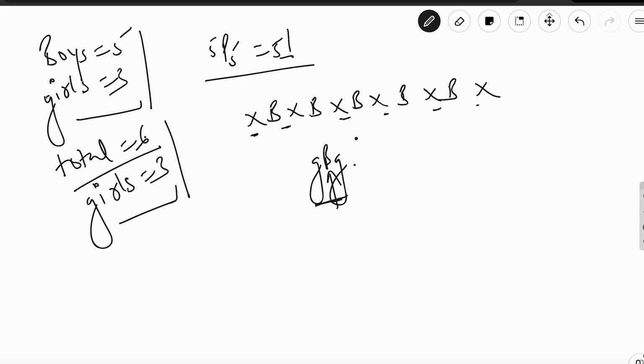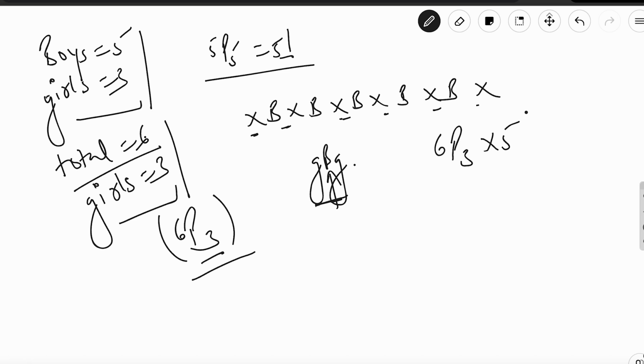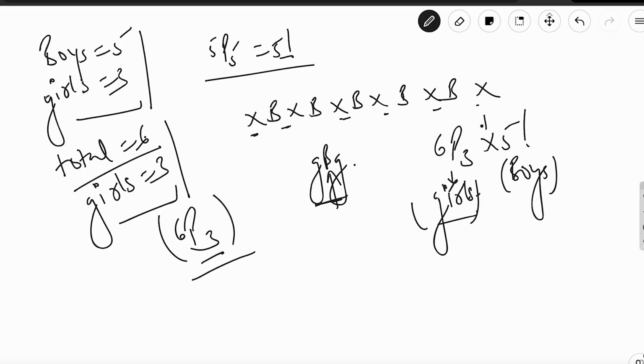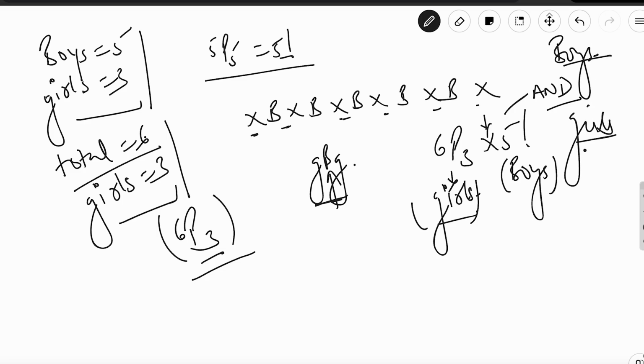So it's basically selecting 3 positions out of 6 and then arranging them, which is 6P3. So the total number of ways is 6P3 into 5 factorial. 5 factorial is how we can arrange boys, and 6P3 is how we can arrange girls. And we multiplied, why? Because this is the case of AND: arrange boys and arrange girls.